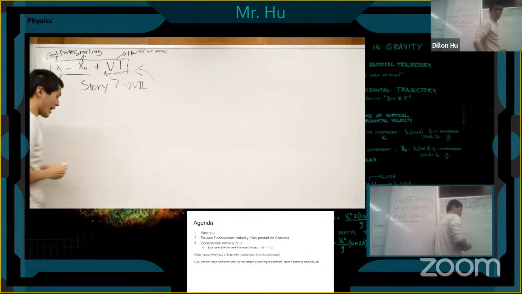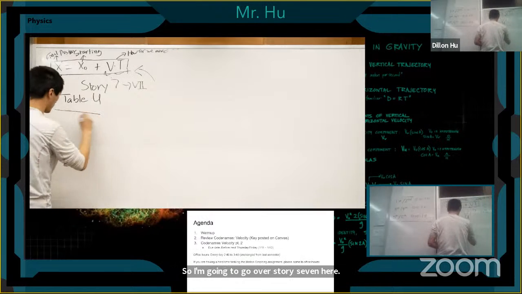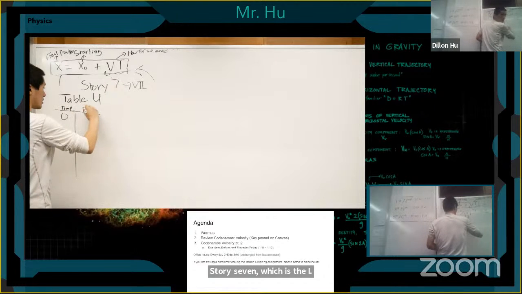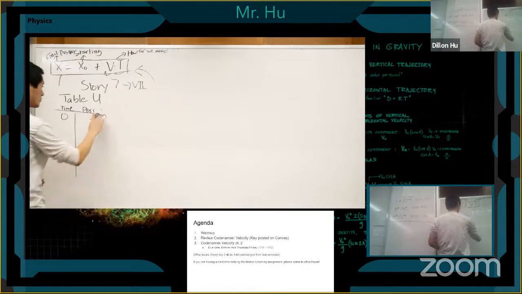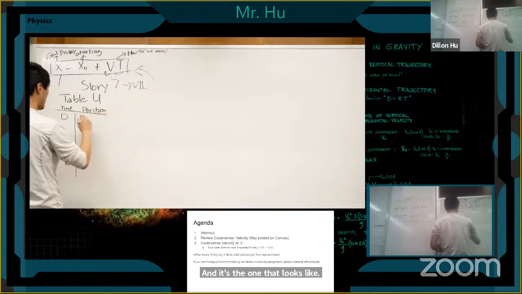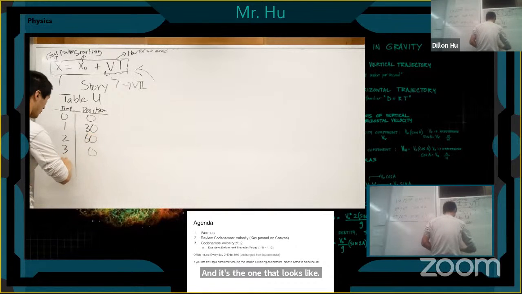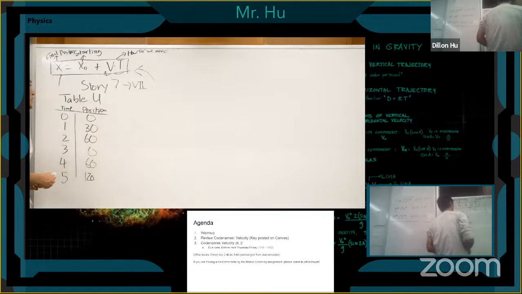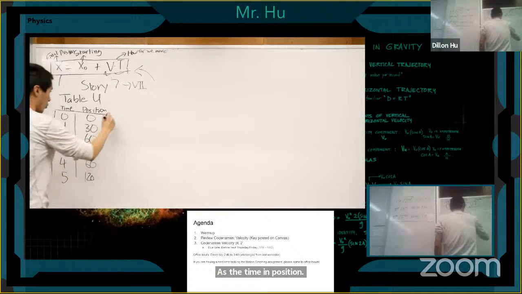I believe this matches table U, and it's the one that looks like it has time and position, with something like 0, 0, 1, 30, 2, 60, 3, 0, 4, 60, and then 5, 0. So it's the one that looks something like this. What I'm going to do here is go over how to do pretty much everything in this problem.